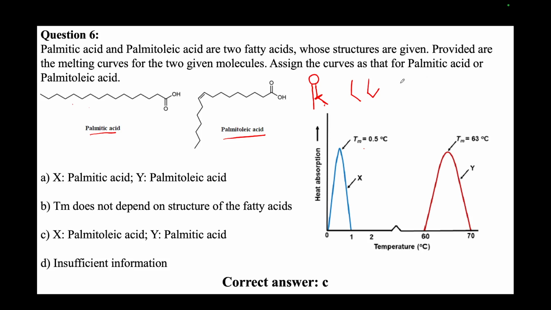Higher numbers of double bonds will lead to more kinks, and more kinks means a lower melting temperature, or Tm. So a higher number of double bonds means more kinks and lower temperature, and the opposite, a lower number of double bonds means fewer kinks and higher Tms.